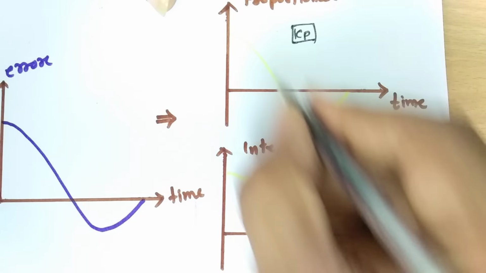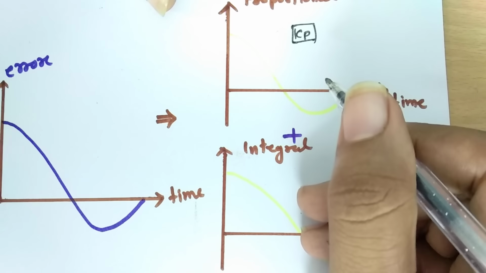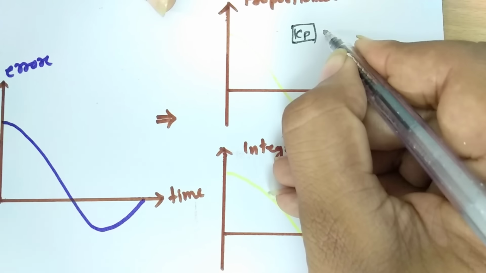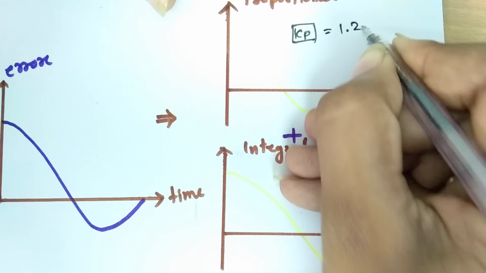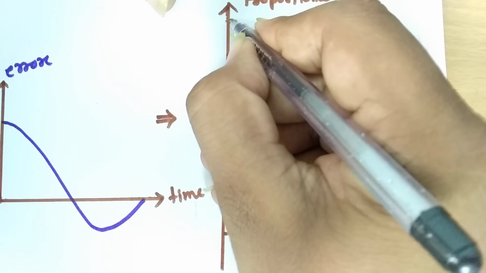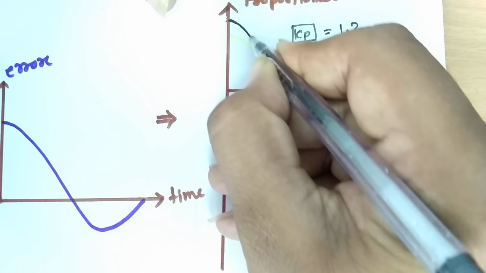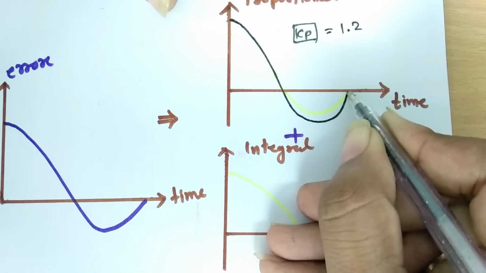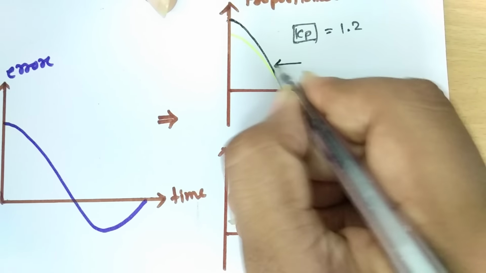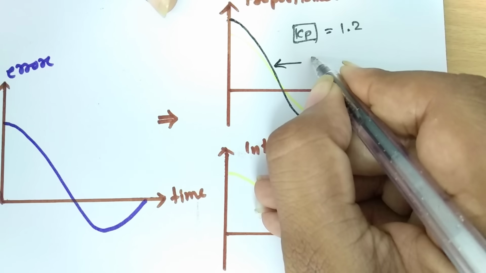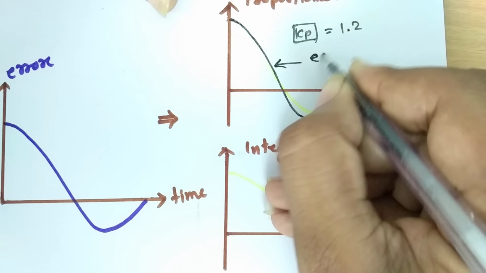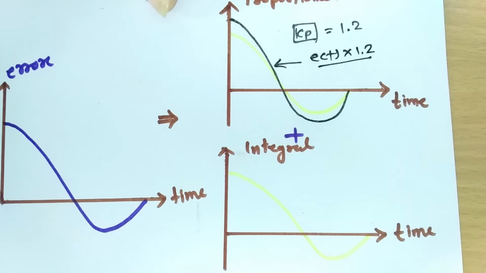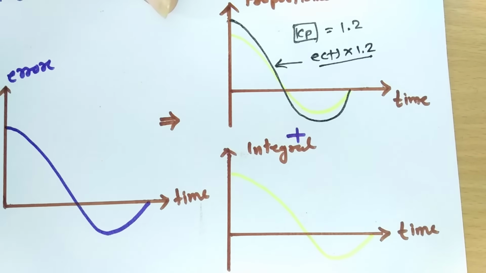So here by this light line one can understand what is error signal. So if I say right now Kp is equal to 1.2, so based on that proportional output that will be this. So this proportional output, that is exactly e(t) into 1.2 with respect to time.